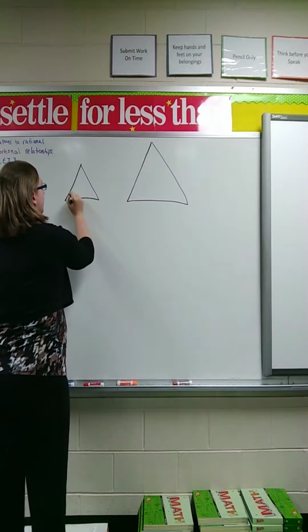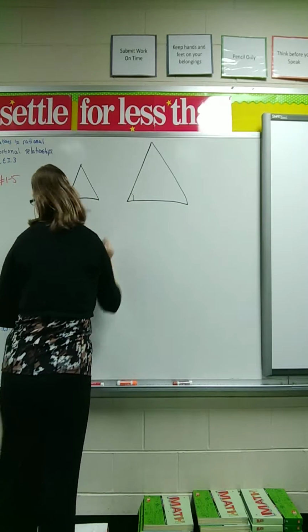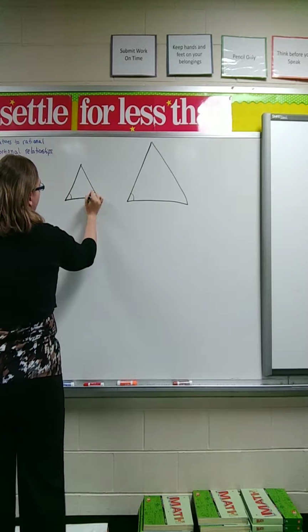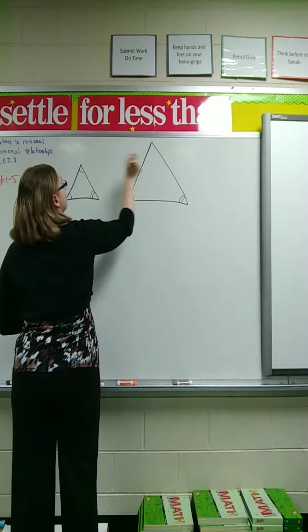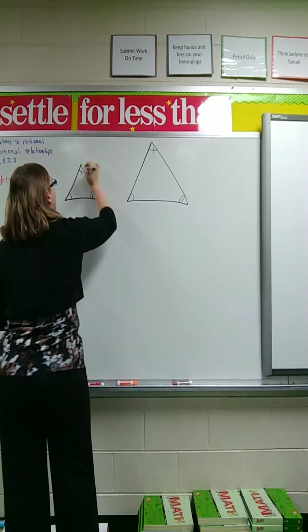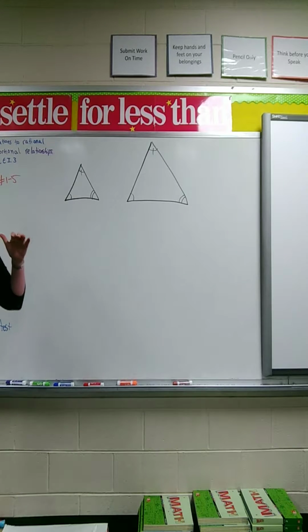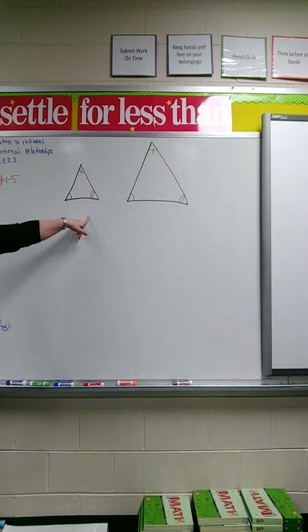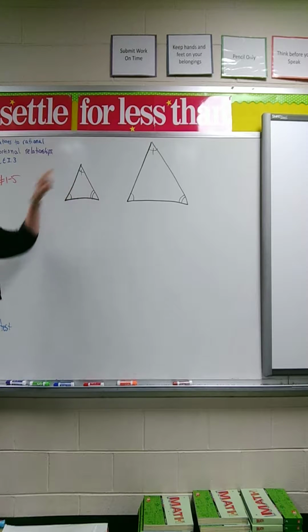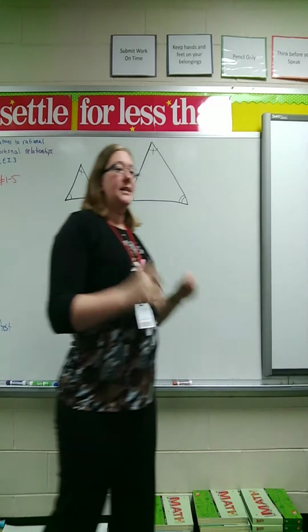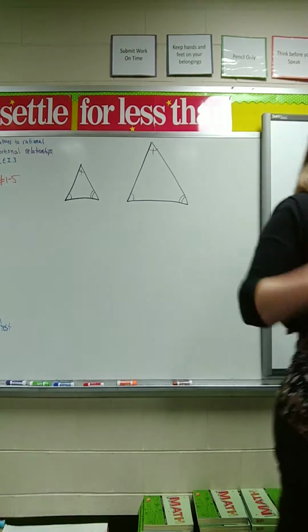We draw in arcs. The same number of arcs, and mine might not be exactly the same as the book, and that's okay. The number of arcs can be used, or you can use arcs with hatch marks through them. Whatever is the same has the same angle measure.